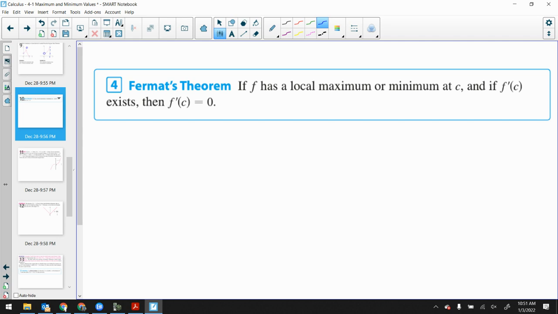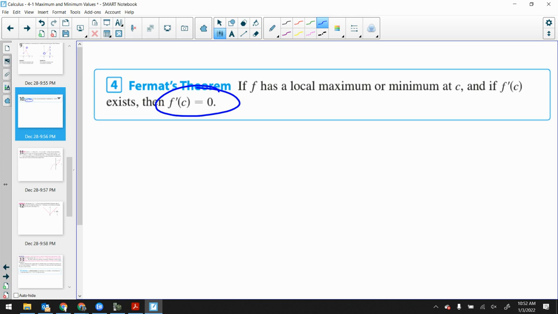If f has a local maximum or minimum value at c, and if f prime exists, if the derivative actually exists, then where does c occur? When the derivative is equal to 0. That's an extremely powerful statement right there. One that we probably could have gotten to on our own, but that's a very, very powerful statement.